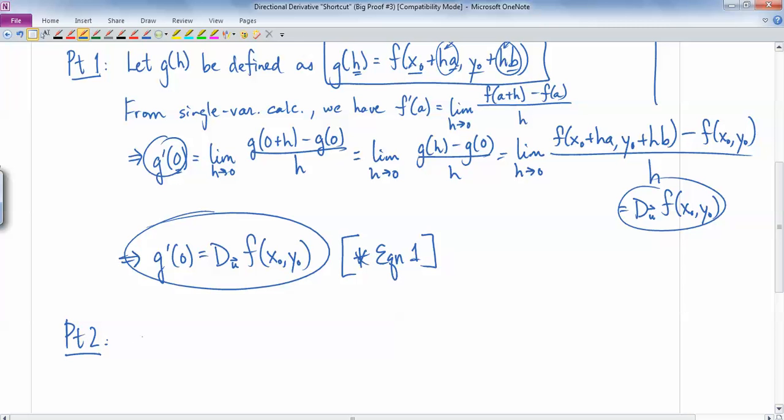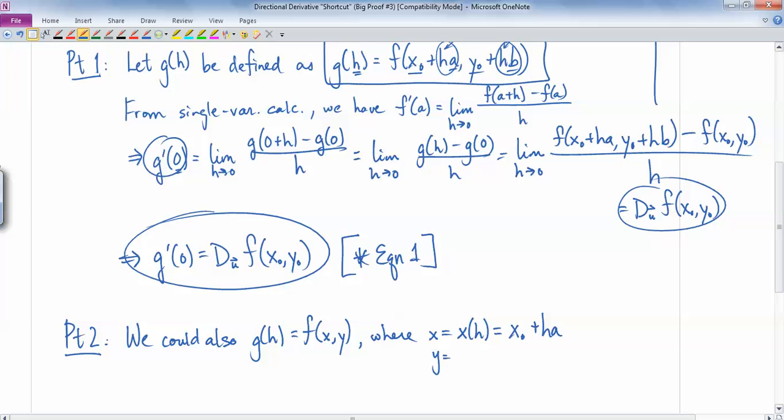Okay, so part 2, we could also write g of h as a function of x and y, where x is really a function of h. So I'll write it like this, x of h, which is x naught plus ha, and y, which is really a function of h, would be y naught plus hb.